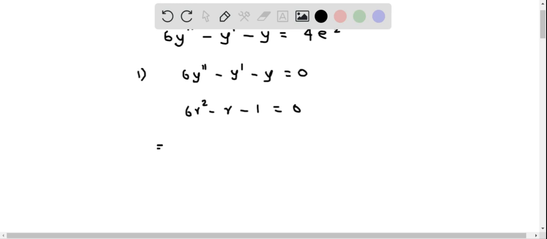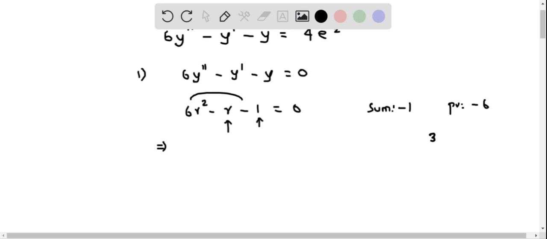So let's put this in factor form. Here we see that the middle term is negative 1, so the sum is negative 1, and the product is 6 times negative 1, which is negative 6. So we should split the middle term such that the sum is negative 1 and the product is negative 6.